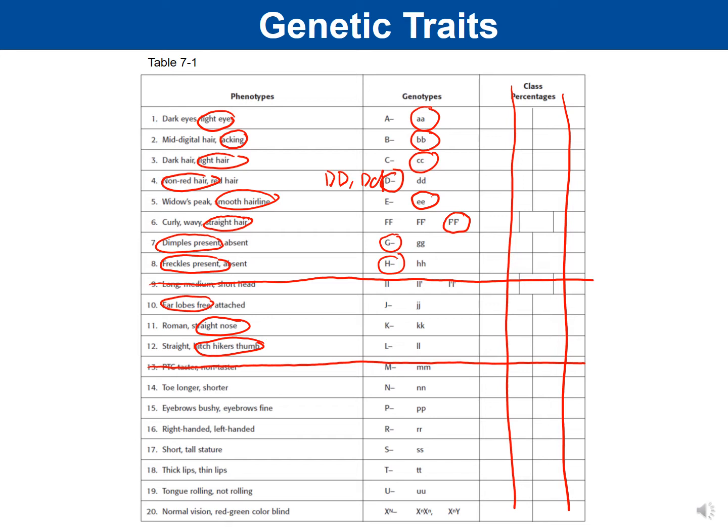But it's the questions that ask you which of the traits is the rarest dominant trait. You can't answer that because we didn't do our class percentage. So just be aware for those questions that relate to class percentages, cross those out. You're not doing those. So you're going to go through and fill out your phenotype and your genotype for all of these traits.